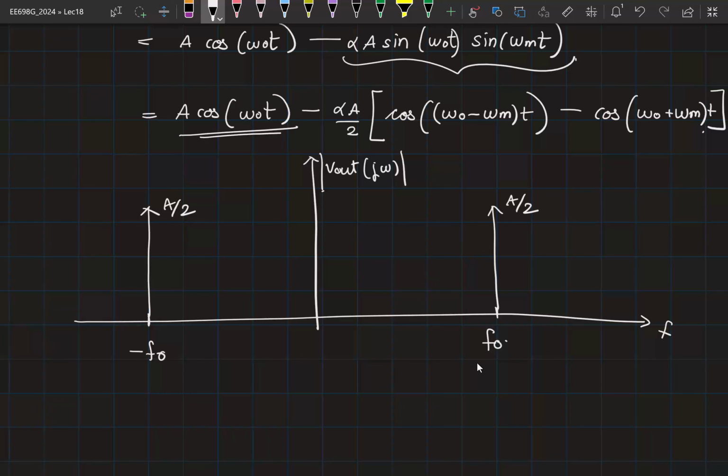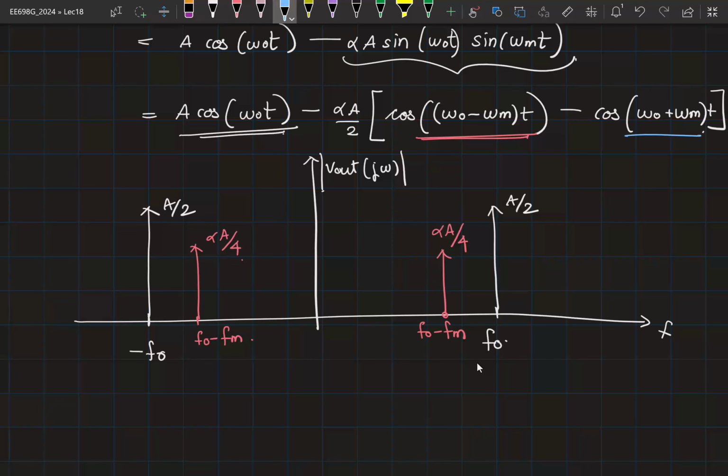That is coming from this expression, right? Now at omega naught minus omega m, that is f0 minus fm, on either side, what do you have? Alpha A by 4. And corresponding to f0 plus fm, you will again have alpha A by 4.